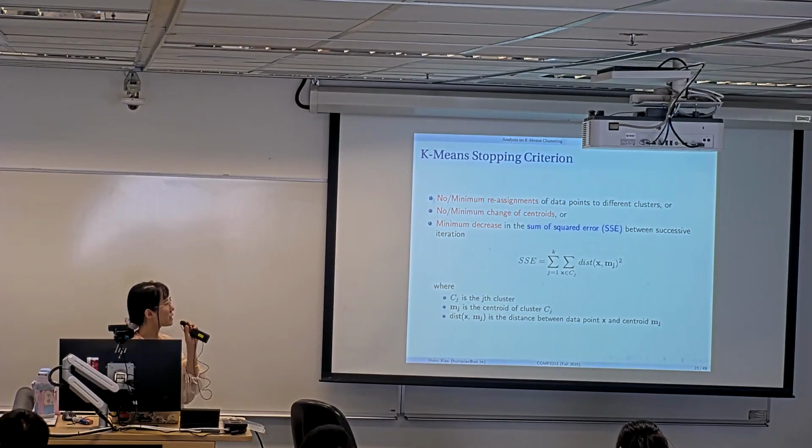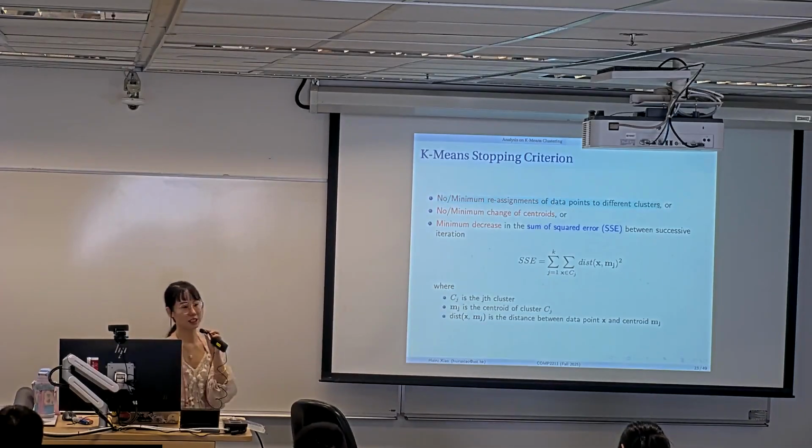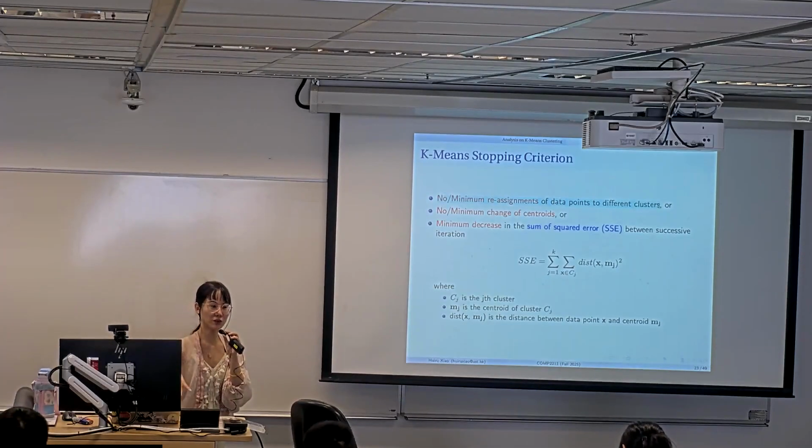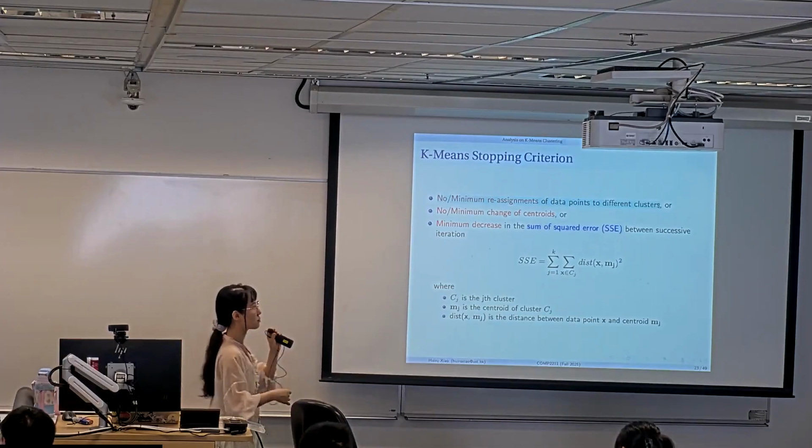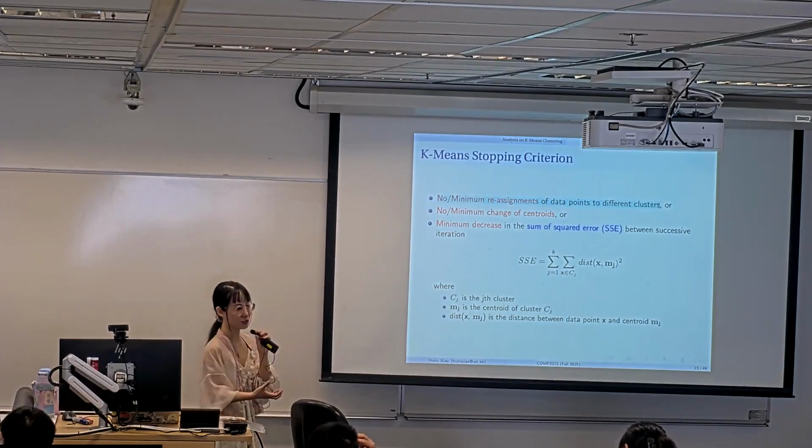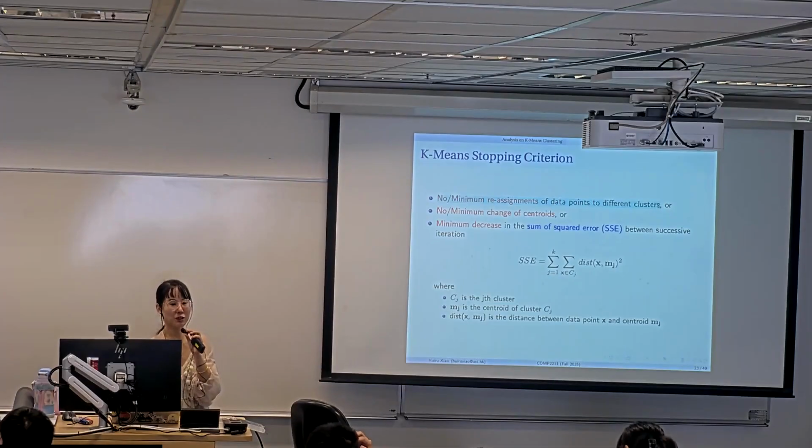An equivalent criteria is no change of centroids. No change of centroids is equivalent to no reassignments of data points. Basically, in 2 consecutive runs, you can either compare the cluster membership or compare the centroids. If any of them remains the same in 2 consecutive runs, the other must also remain the same.